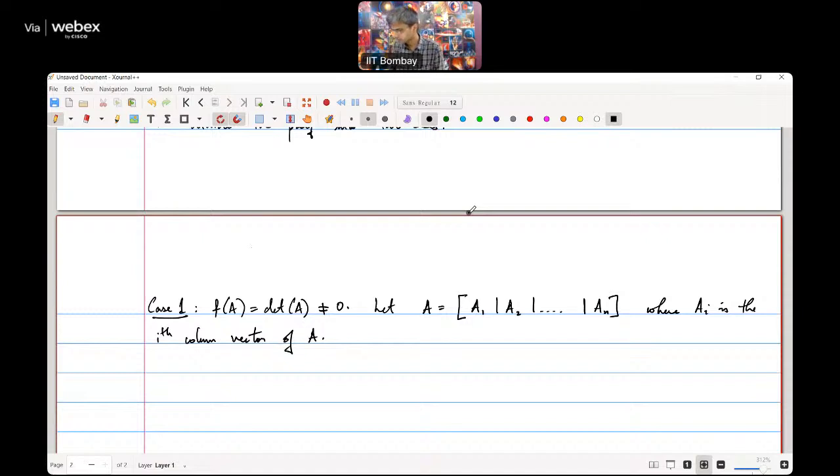So for this A, we define an n cross n matrix, which we call B sub H, as follows. We take the first column to be 1 plus H times A1. The second column, we take it to be A2, A3, and so on.